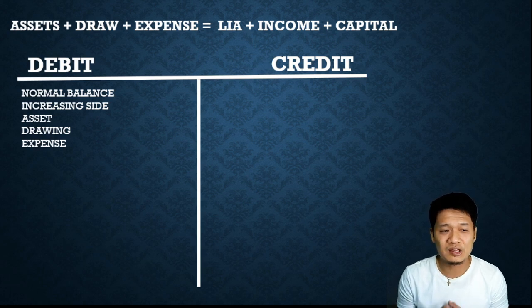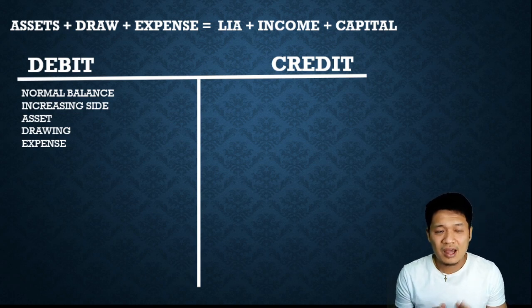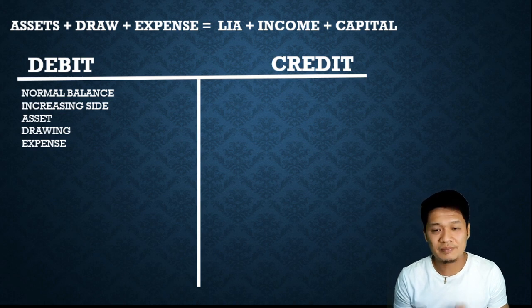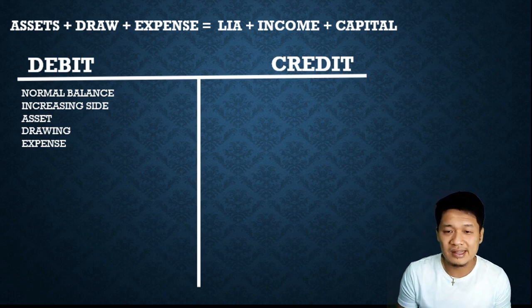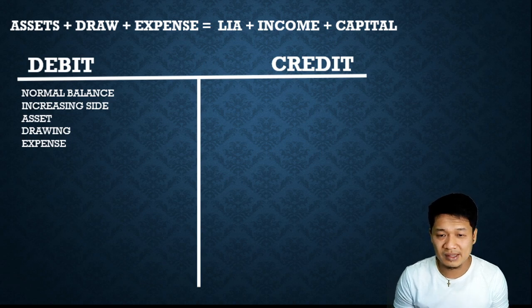Kapag sinabi nating normal balance, guys, it is the increasing side. Ibig sabihin, kapag nadagdagan si asset, kapag nadagdagan si drawing, kapag nadagdagan si expense, dinidebit natin sila. Okay, take note of that. The normal balance of asset, drawing, expense is debit.